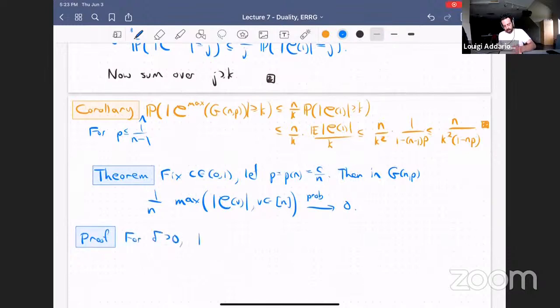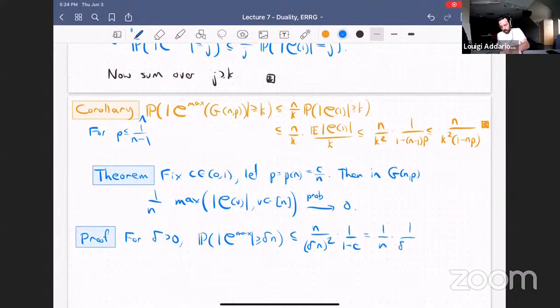For positive delta, the probability that Cmax is bigger than delta n is at most n over (delta n) squared. That's my n over k squared. And then 1 minus np is just 1 minus c, because p is c over n. And so that gives me 1 over n times 1 over delta squared (1 minus c), which tends to 0. And so that's the whole proof of the theorem.